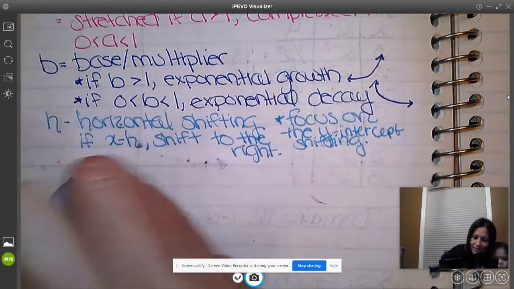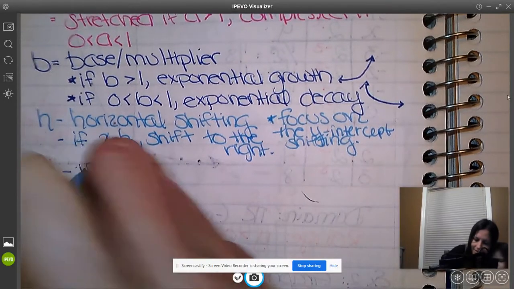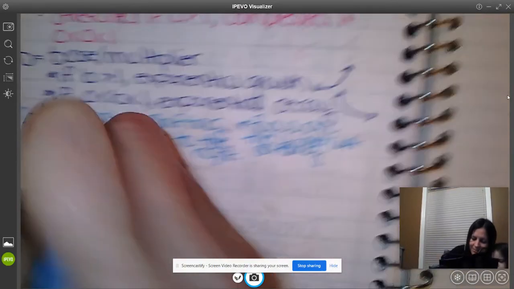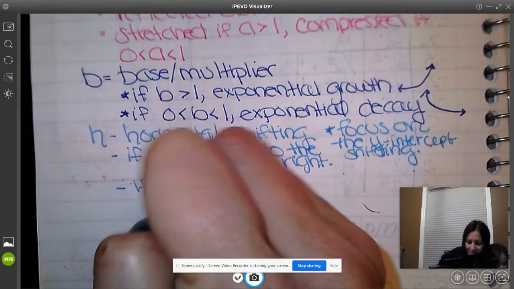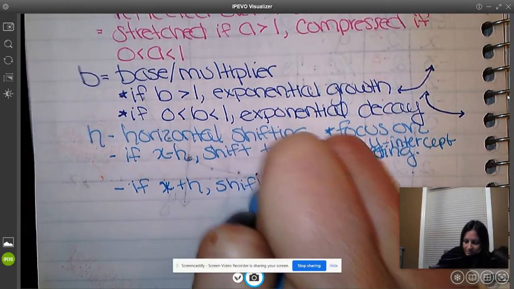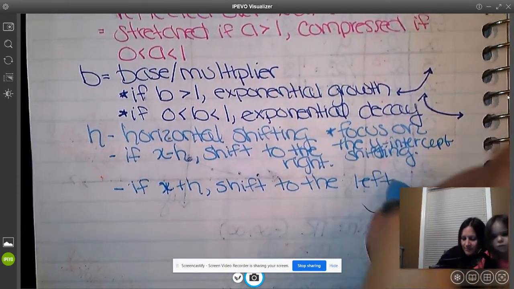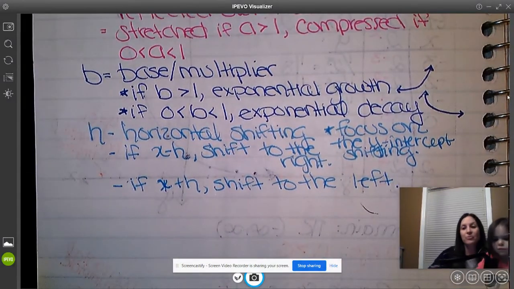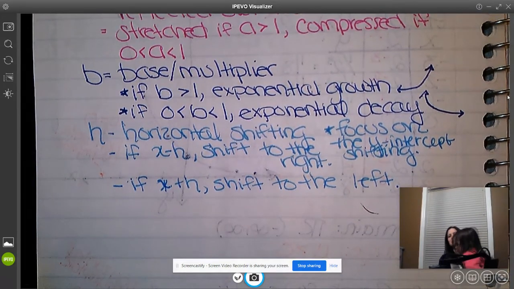And if we have x plus h, that's a shift to the left. Okay, and again, we'll be focusing on that y-intercept that will be shifting.